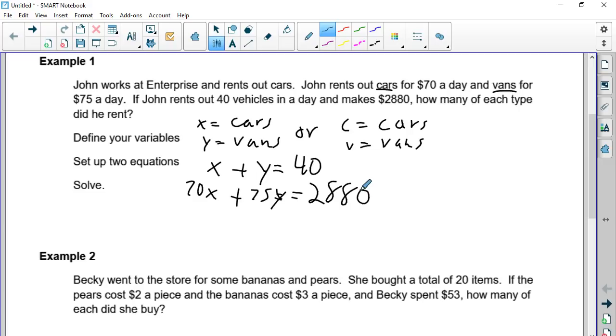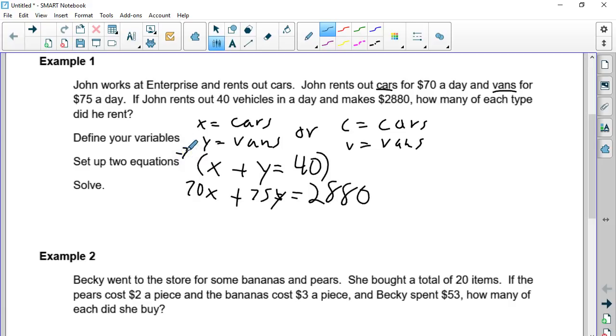Now, at this point, you have a choice. You can solve by doing substitution, in which case you want to solve the first one for either X or Y and then substitute it in. Or you can do elimination. It doesn't matter which way you want to go. I prefer elimination myself. I think it's a little bit faster. Not always, but it's just my preferred method.